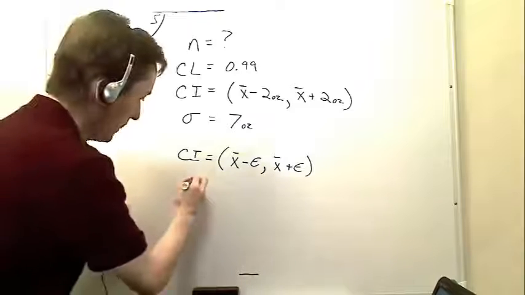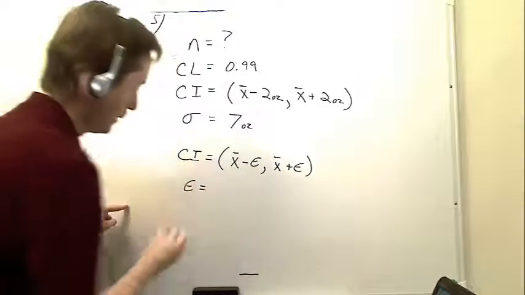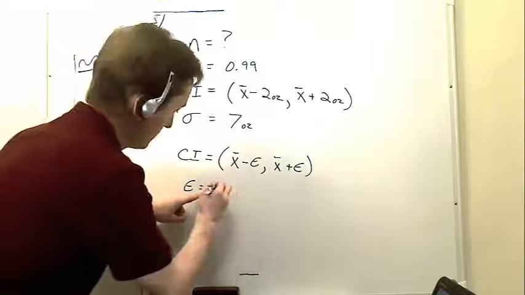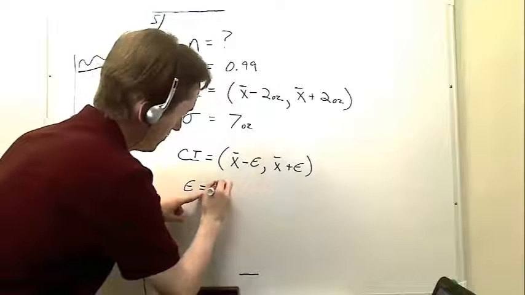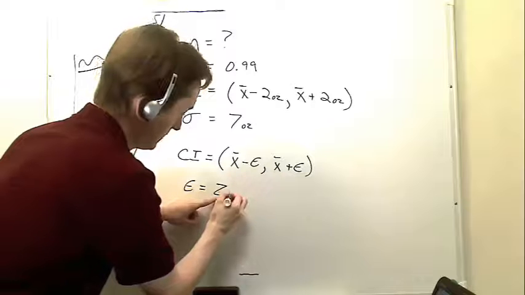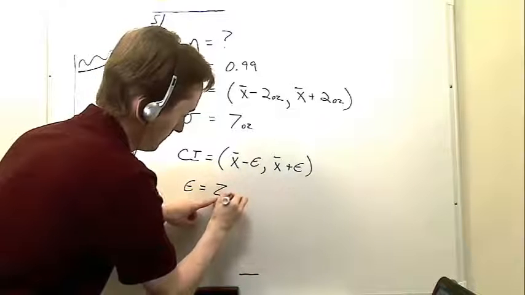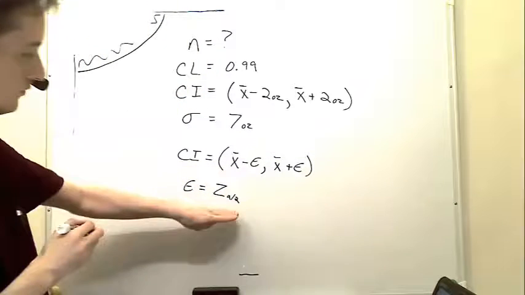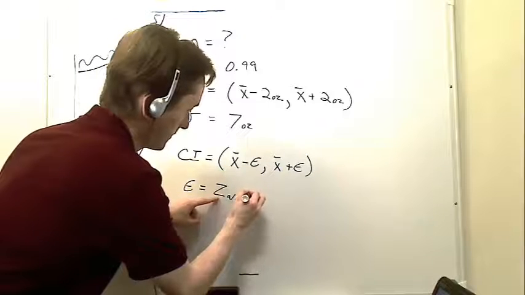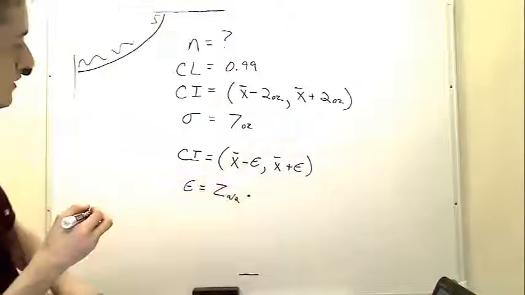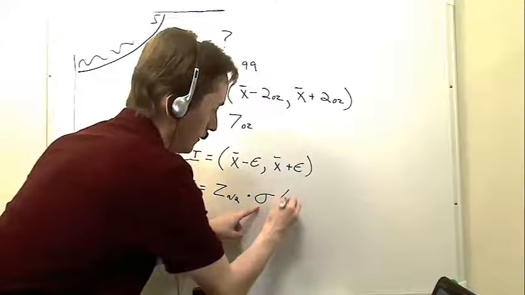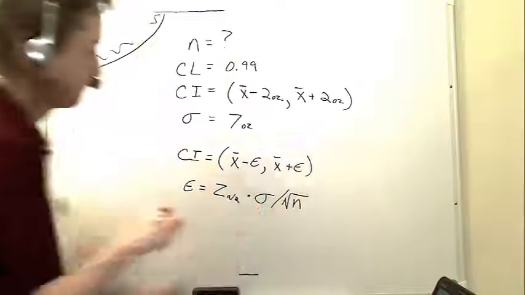And the margin of error is going to equal our critical value, designated this way, times the population standard deviation divided by the square root of n.